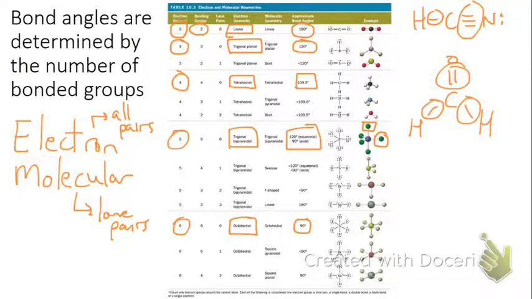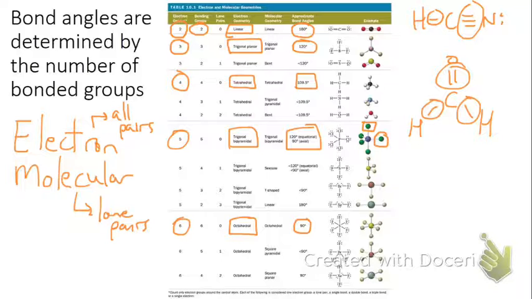So we should be familiar with these geometries. What I want you guys to do to practice this is go to table 10.1 in your book and start memorizing these groups.